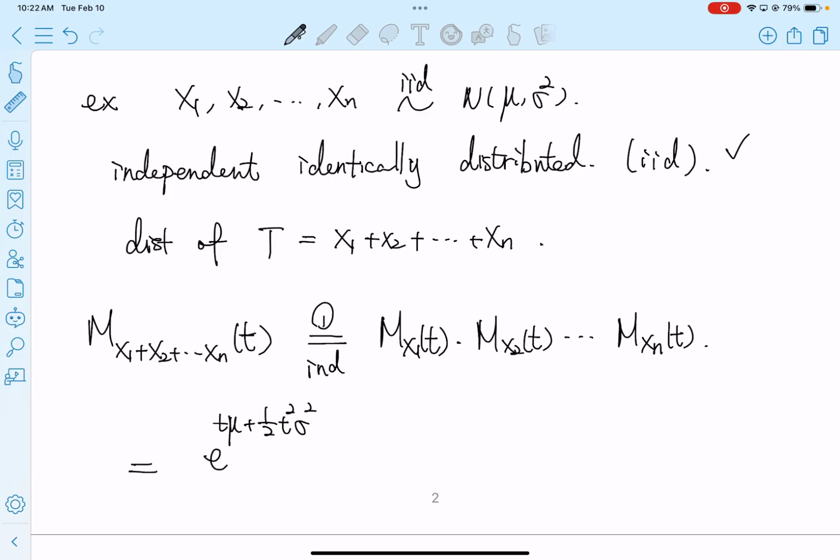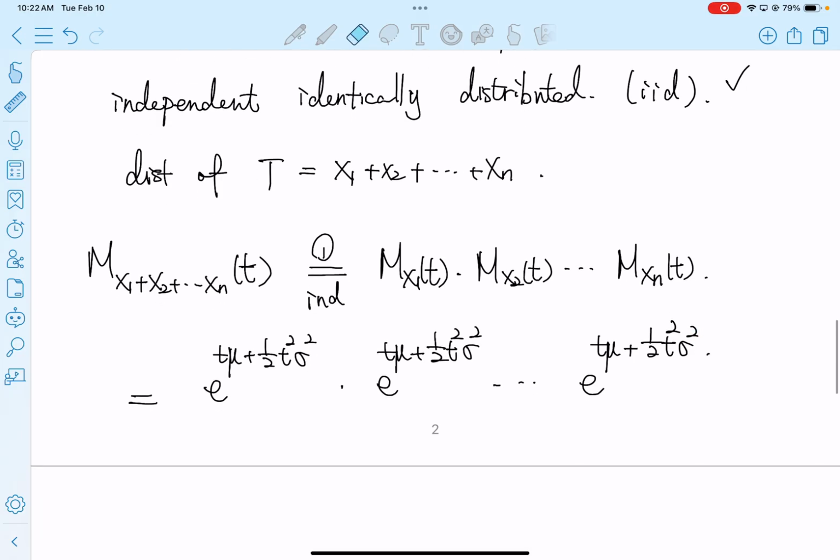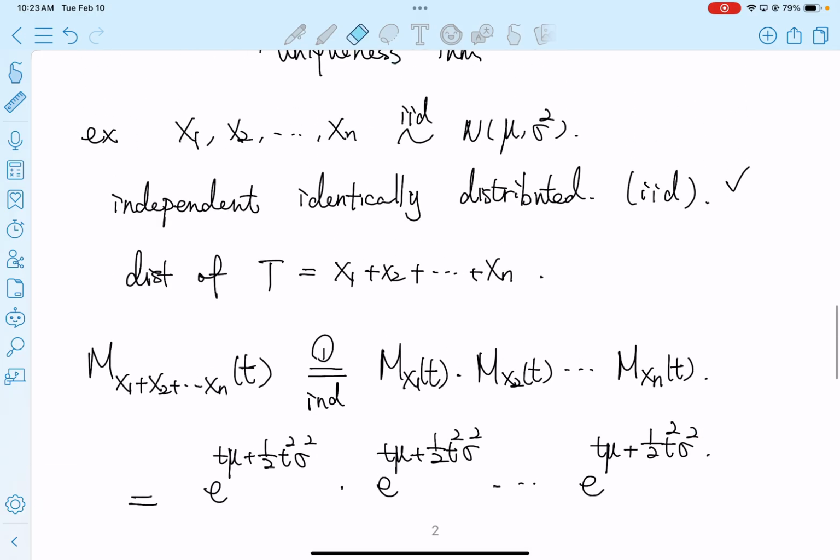We also need to write down the one for x2, and then keep multiplying all the way to the last one. Each of them follows the normal distribution with mean mu and variance sigma squared, so the moment generating function for each of them takes the same form.